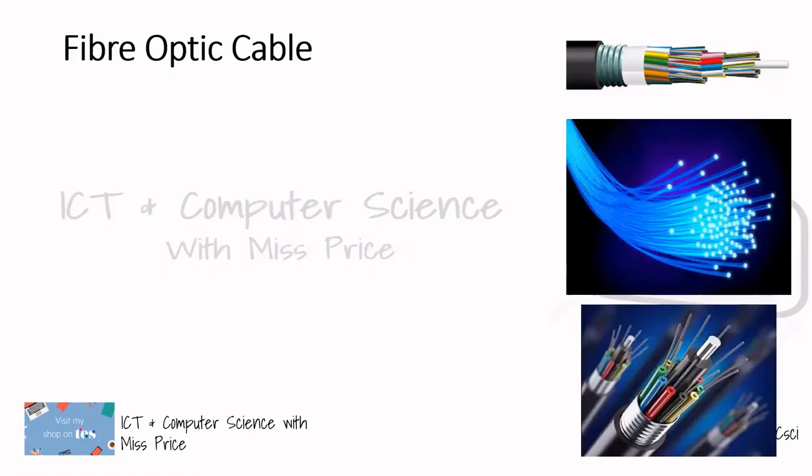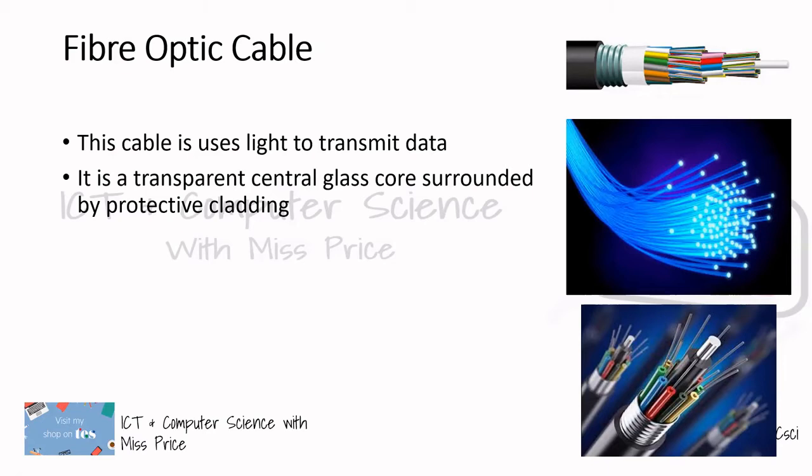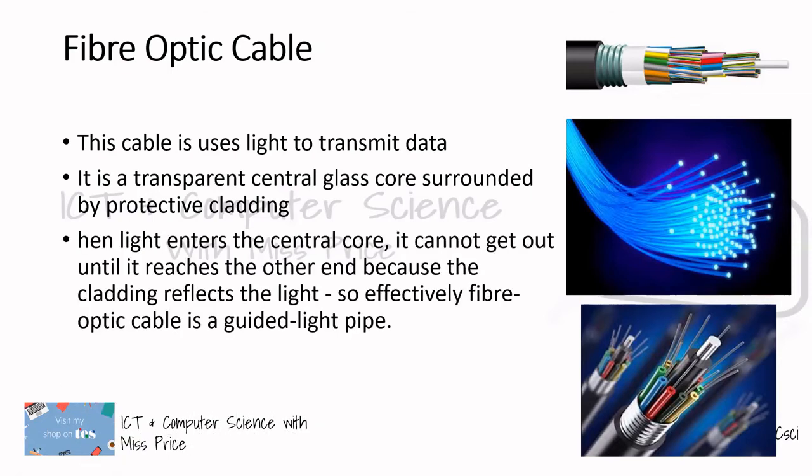Now, the last one here is the fibre optic cable. The fibre optic cable is a relatively new type of cable, and it's now mostly used for fibre optic internet connections. The cable uses light to transmit the data, and its transparent central glass core is surrounded by protective cladding because the cabling is fairly easily damaged.